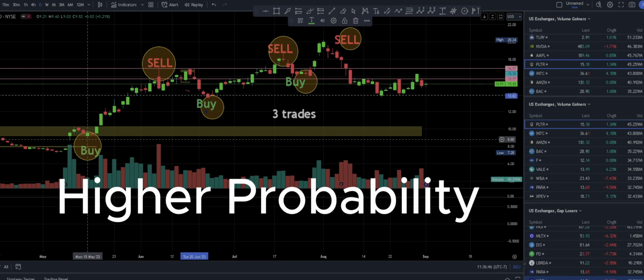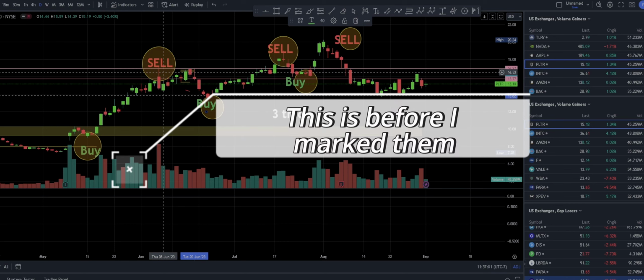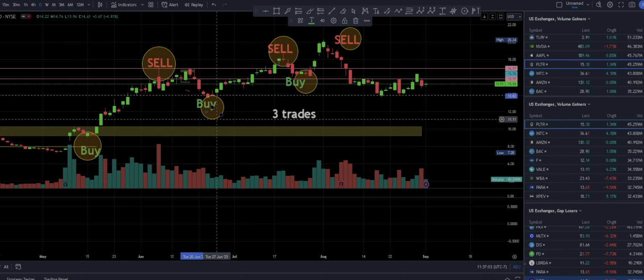So in this area, as you can see, I'm just bringing up PLTR, and I was looking at the chart. I'm like, oh, that's a perfect area, right? Buying down here and selling somewhere in this area, and then waiting for another dip.